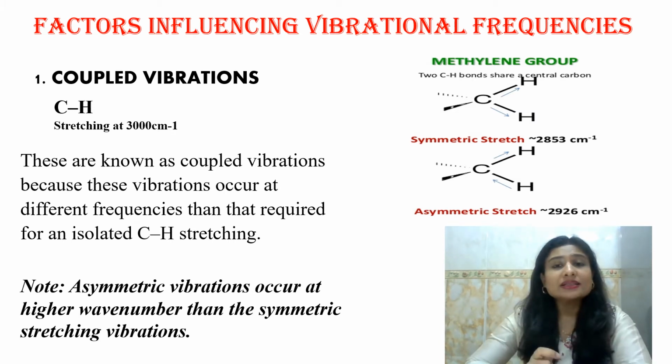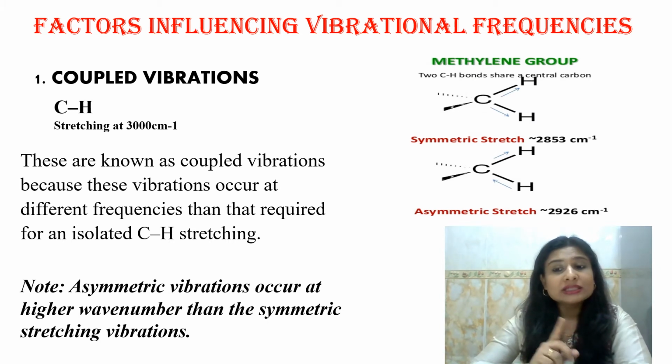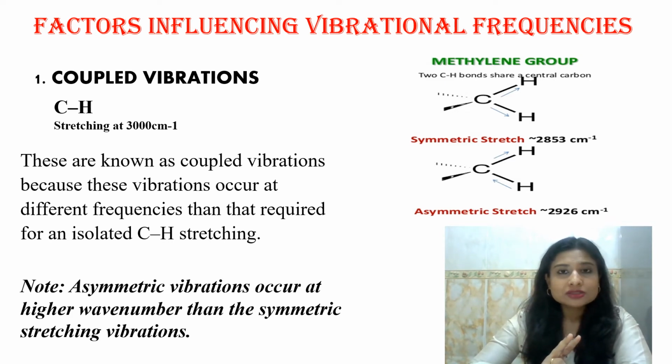So when we consider the case of the methylene group, even though both the bonds are the same, you see there are two CH bonds. So one would expect that both these CH bonds would produce absorption bands at the same wave number, but that doesn't happen. Both these stretching vibrations produce two different absorption bands and these appear at different wave numbers.